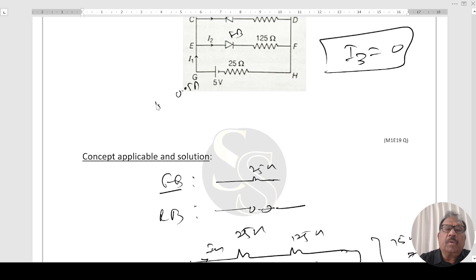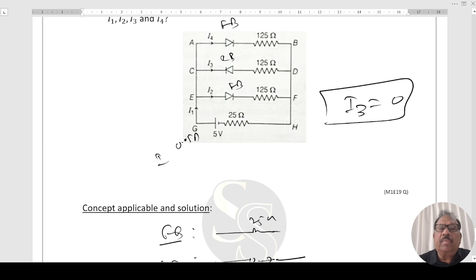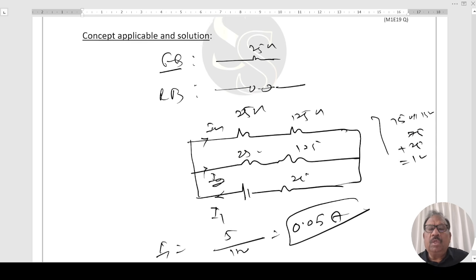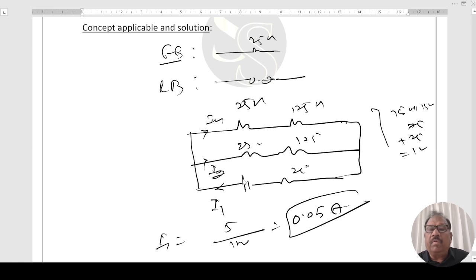Because these are symmetrical, I4 will be 0.025 ampere, I3 will be equal to 0, I2 will be equal to 0.025 ampere. These are the answers. Because in this case, this is symmetrical, it will be divided equally.